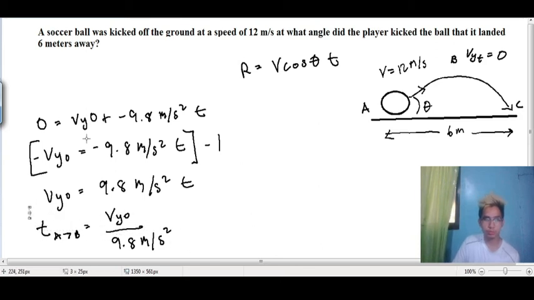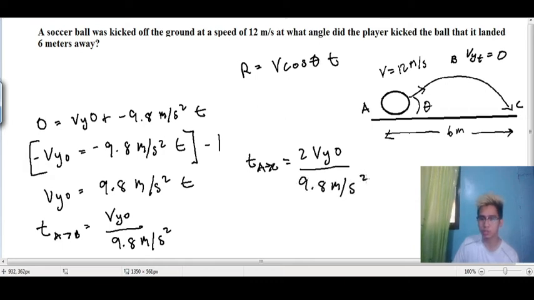So we know for a fact that, for example, if your time from point A to point B is 2 seconds, then the time it will take for you to reach from point A to point C is 4 seconds because you will multiply it by 2. So, time from point A to point C is equal to 2 Vy initial all over 9.8 meters per second squared.